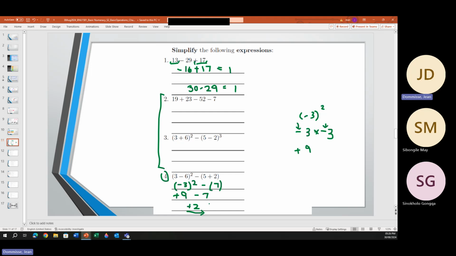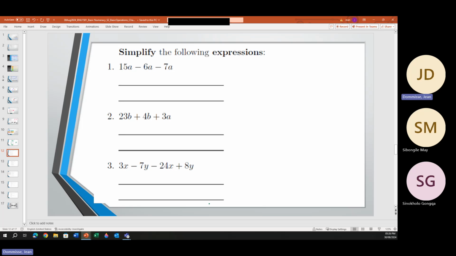Okay, so that was purely simplification. Then we go into a bit of simplification with variables. All that we have now added, from that first expression, is that instead of a number we've added a variable.